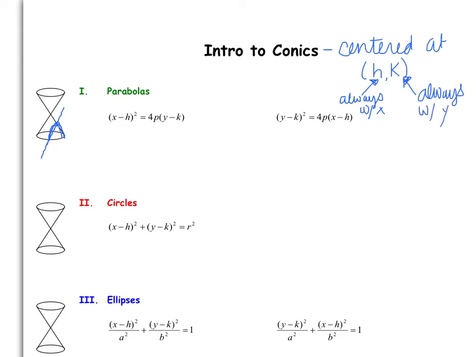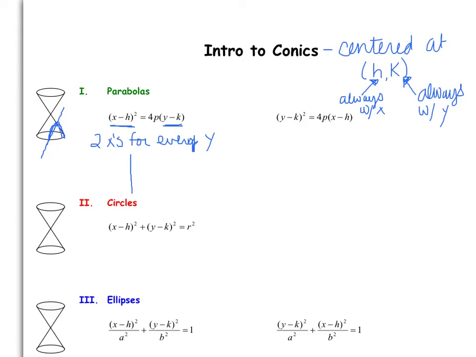Okay, so let's go back to the parabola. In this first example, if you notice, the way the equation is set up, we have 2 x values for every 1 y value. So that's one way that you can remember what kind of parabola it's going to be. You'll have 2 x's for every y. Well, what does that look like?